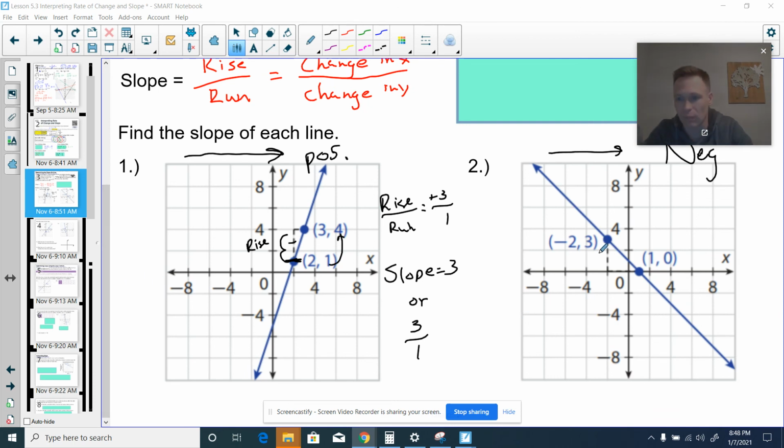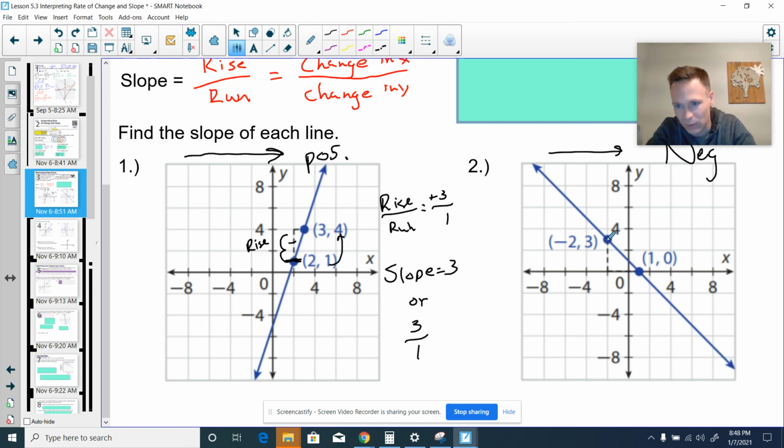Look at the next one. All right, so now this one's different because if I count the rise, I have to account for the fact that it's going down. And when it goes down, the rise is negative. I know that sounds weird because rise, we always think of, right? But clearly this line goes down. So you have to think of a negative rise as this line goes down. So the other way to think about it is if I go from left to right, I'm going down.